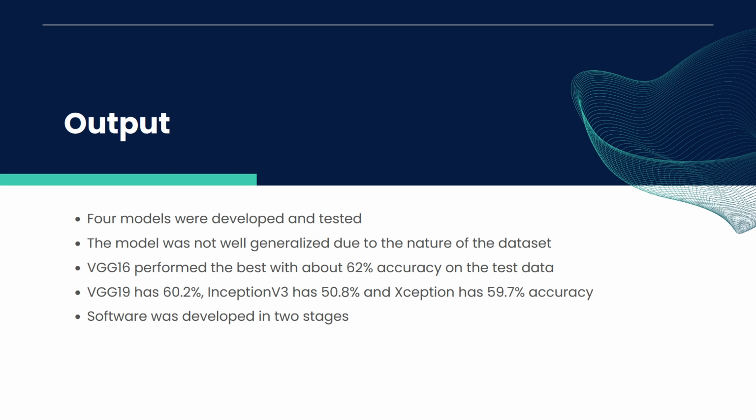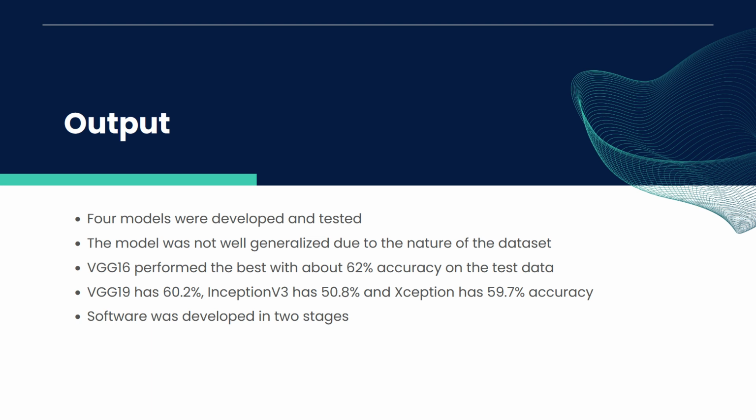The pre-trained models were usually trained on RGB data, so the model had some difficulty adapting to this varied dataset. However, the models were still able to train well under the given circumstances, and VGG16 performed the best with about 62% accuracy on the test data. VGG19 had about 60.2%, Inception V3 had 50.8%, and Xception had 59.7% accuracy.